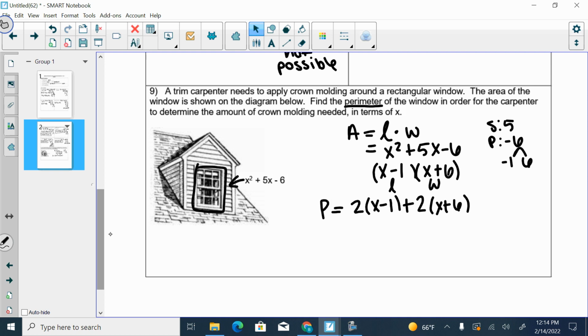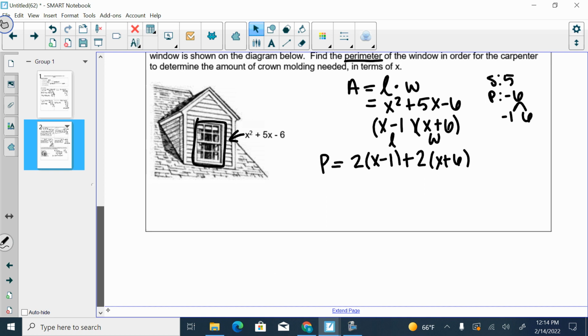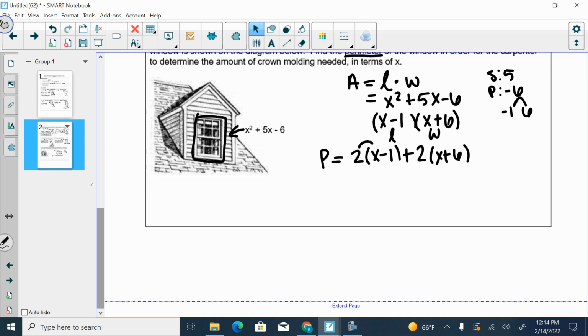And like you guys said, we want to add it all up, but first I'm going to have to distribute, right? So I distribute my 2 into this parentheses. What is 2 times x? 2x. And 2 times -1. Very good. And over here we got 2 times x and 2 times 6.